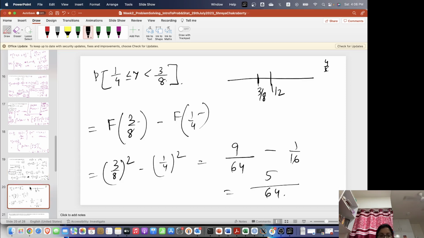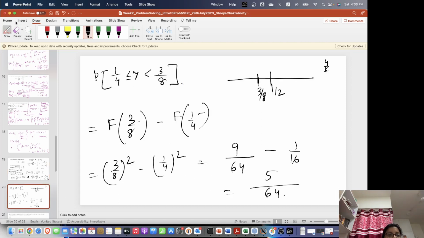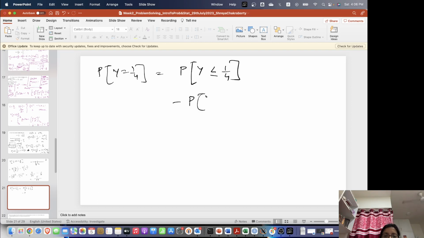All right. And then the next step is probability y equal to 1 by 4 is 1 by 16. So here probability y equal to 1/4 is probability y less than equal to 1/4 minus probability y less than 1/4.